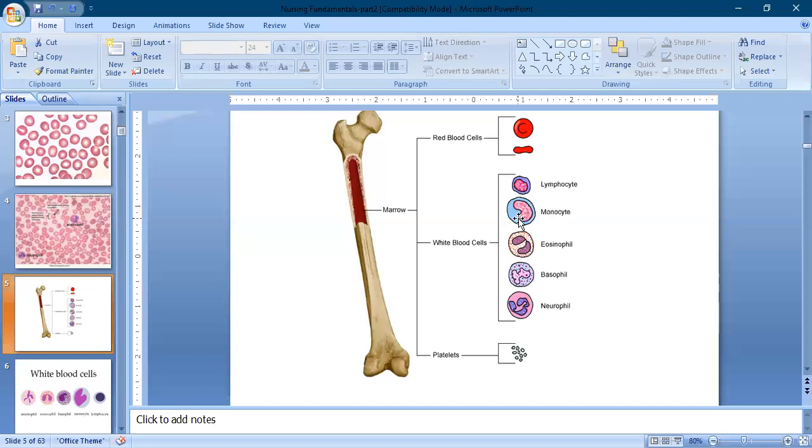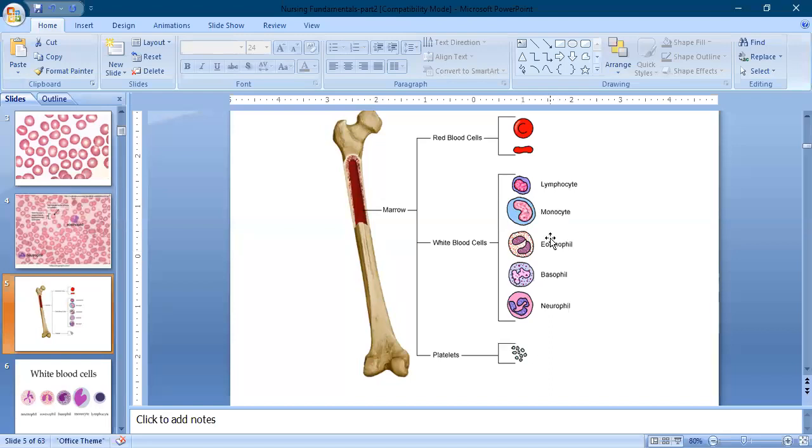Usually the number of monocytes is 2 to 4%, or 2 to 8%, and increases during protozoal or viral infection. So if a patient comes to you with tuberculosis or TB, the monocytes go up. If the patient has chronic inflammation, monocytes go up.